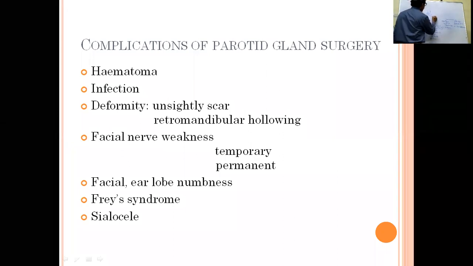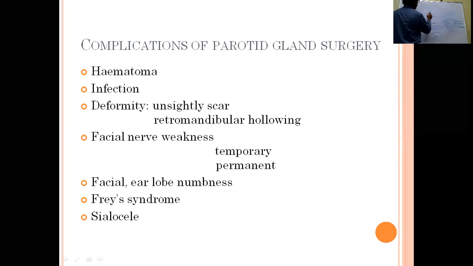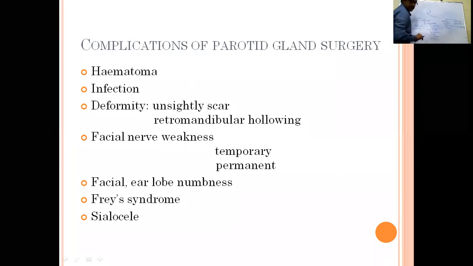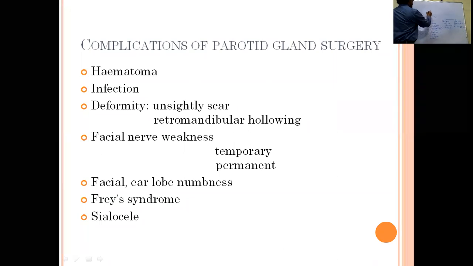There should be a difference of 2 centimeters to prevent injury to one nerve. So it is a lazy S. You don't give this much. So this is the incision. It is called lazy S.